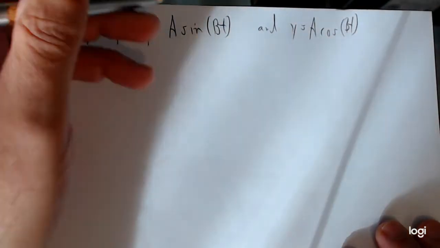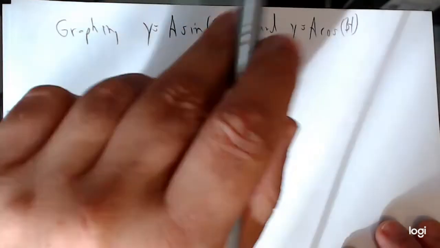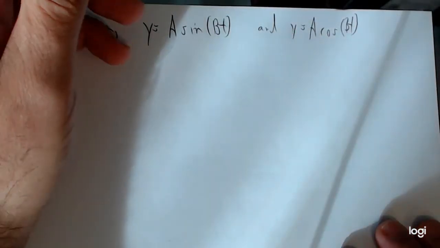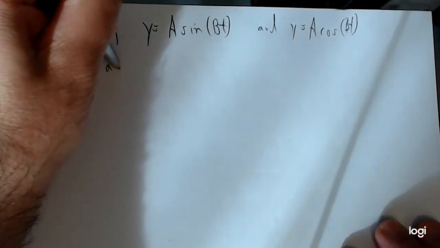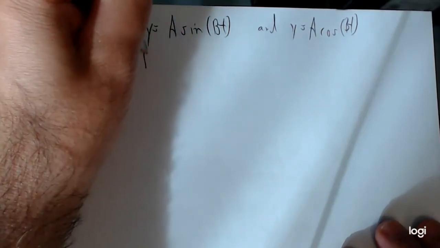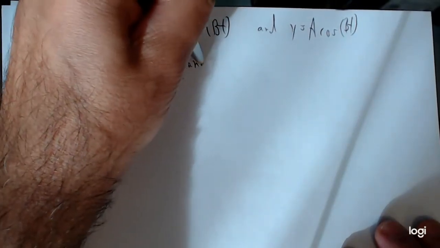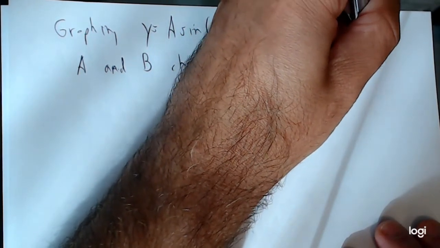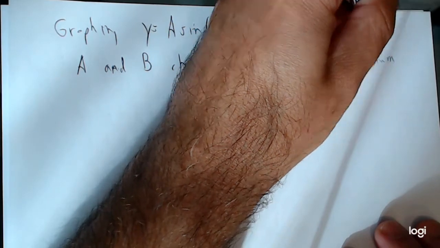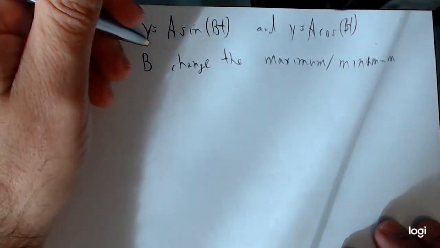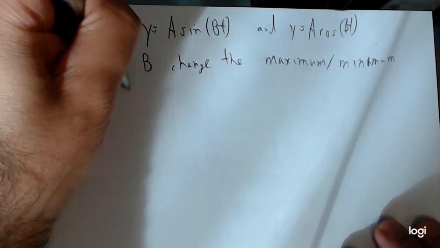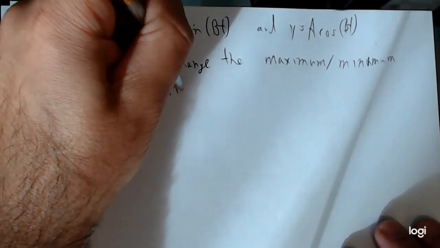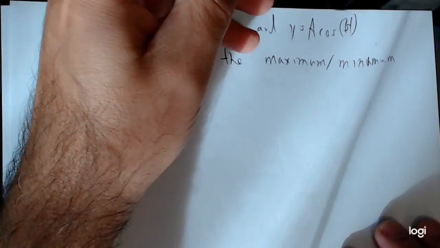So we'll use transformations to graph this, and you'll see what I mean in a minute. So we're going to say, look, a and b change the maximum, minimum, and the period of sine and cosine.